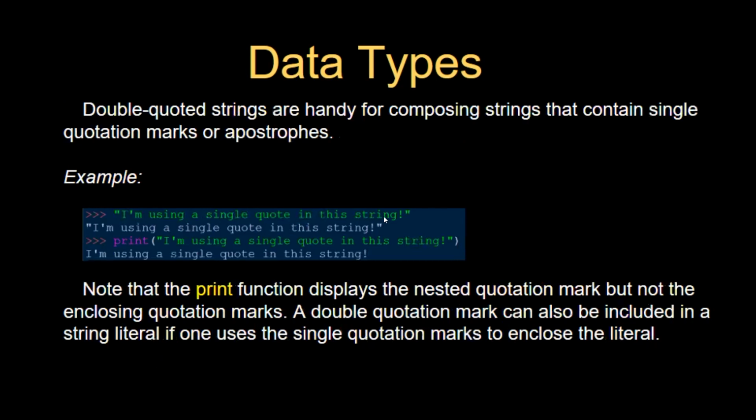So whether you use single or double quotation, no? Okay, so it's still considered as a string. But take note that the print function, okay, displays the nested quotation mark, but not the enclosing quotation marks. So a double quotation mark can also be included in a string literal if one uses the single quotation marks to enclose the literal.